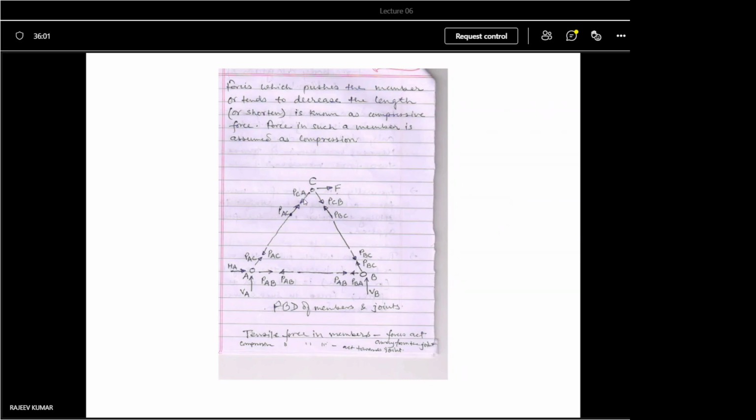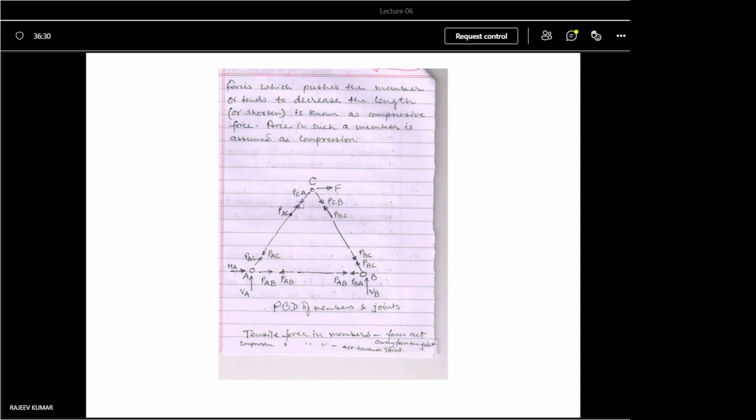You see here, this force is acting in this direction and this force in that direction, but this AC member is straight, so both forces are the same and in opposite directions, so the member remains straight. If you cut it here, what will happen?